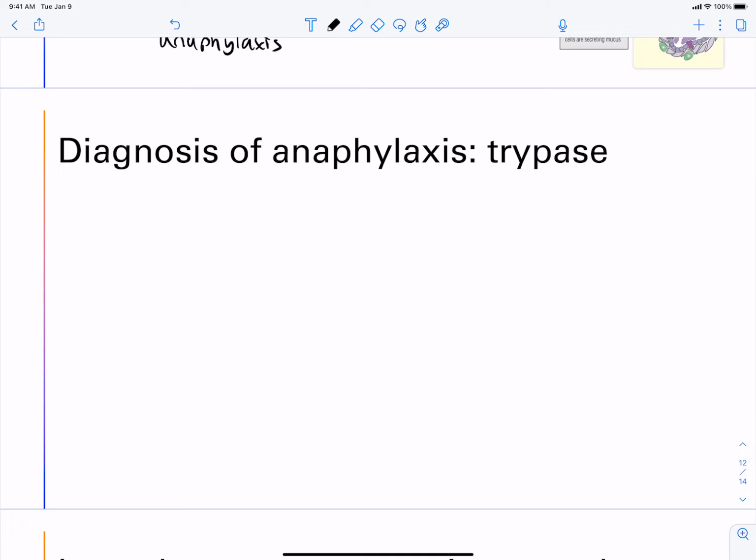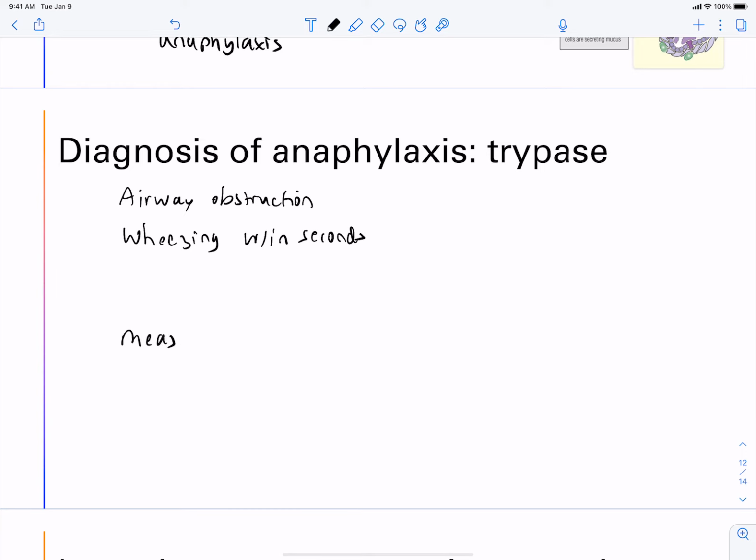So you can have airway obstruction, you can have wheezing, and this can be within seconds. And you can measure an increase of tryptase in the blood. There are kits to do this, and so it is an indicator of mast cell degranulation.